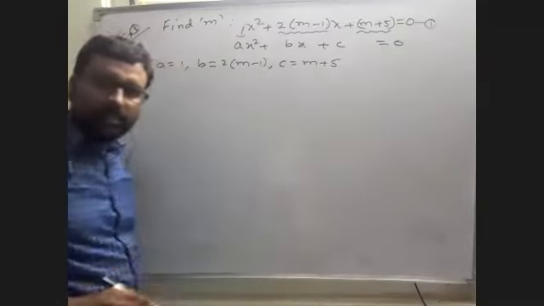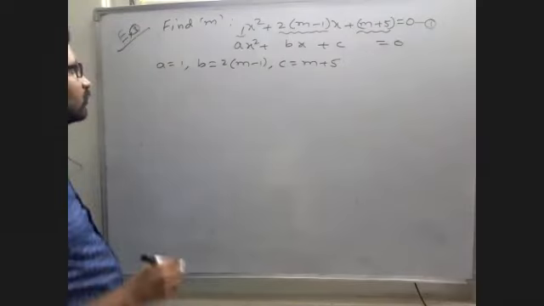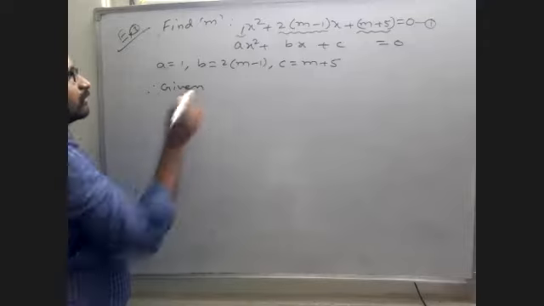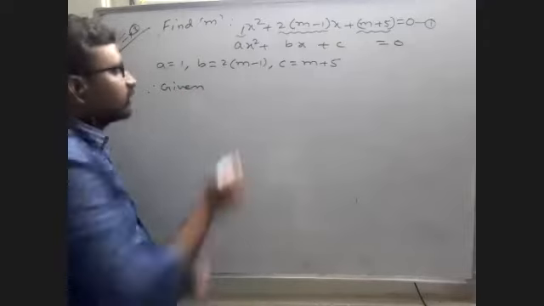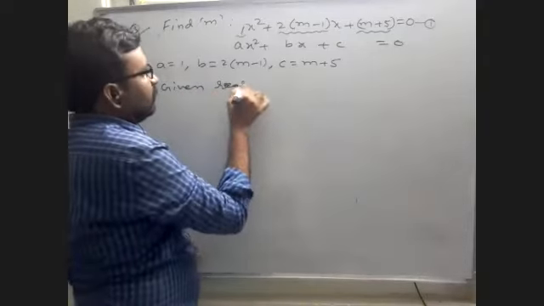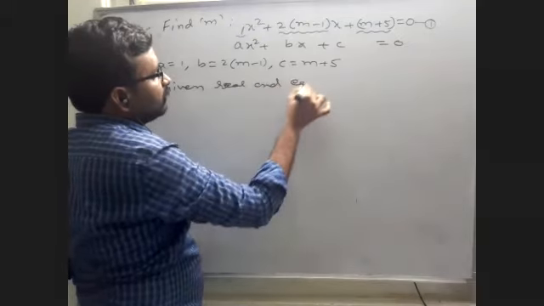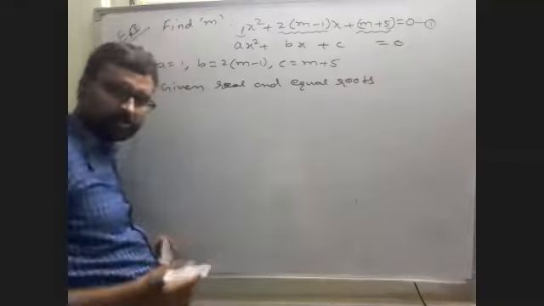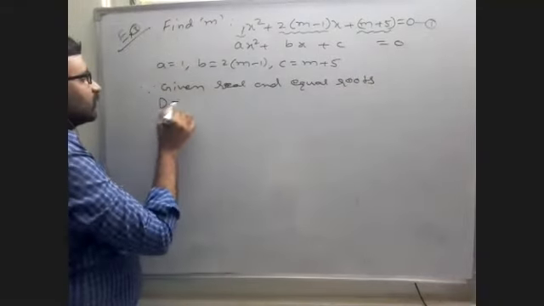Now, since given real and equal roots, D is equal to 0.